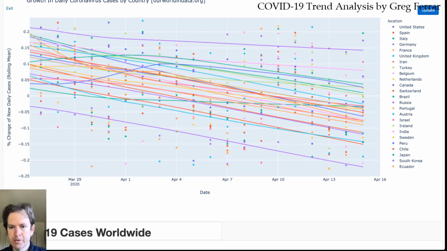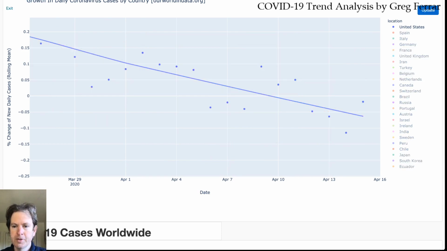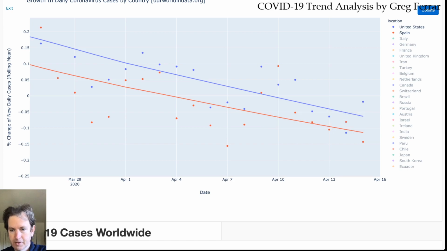I will look at the top one just to see, are they above zero or below zero? Here's the United States, still the leader in cases, but doing quite well with about a 5% drop of daily cases each day. Here's Spain doing even better with an 11% drop and decreasing. The United States is also decreasing at a fairly good clip.